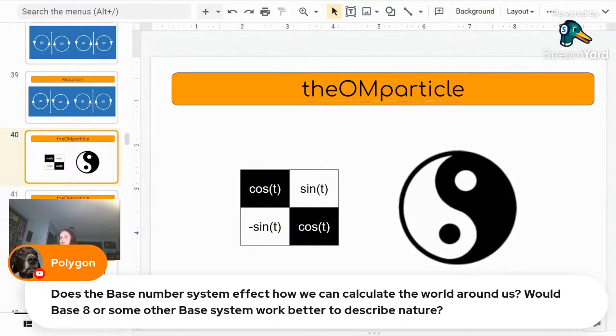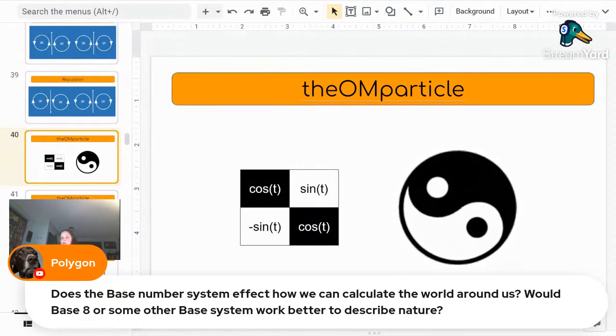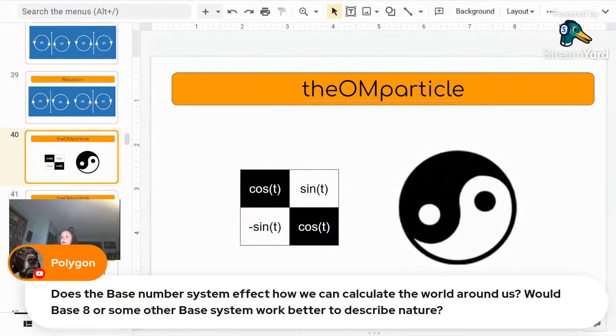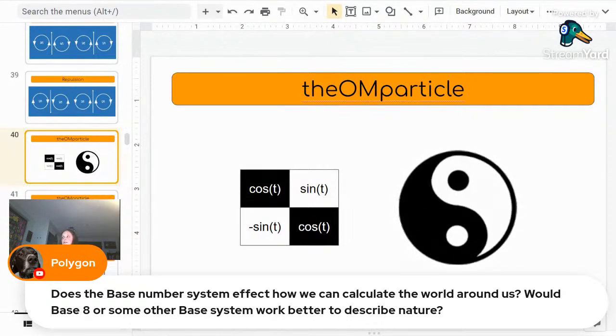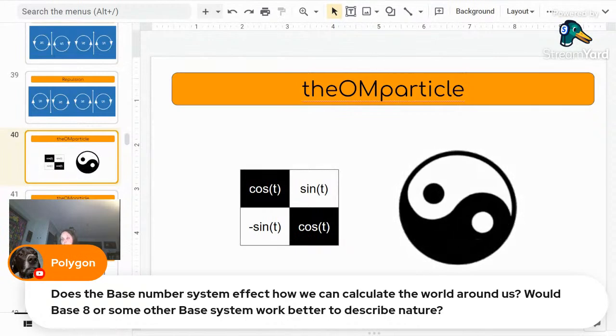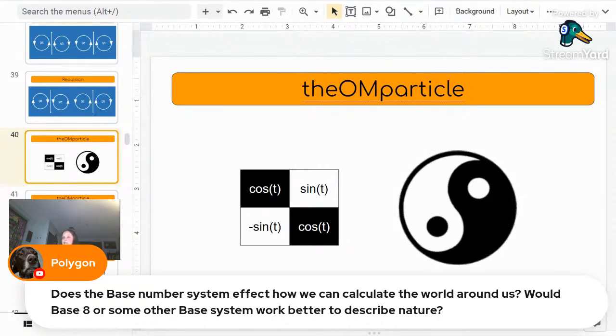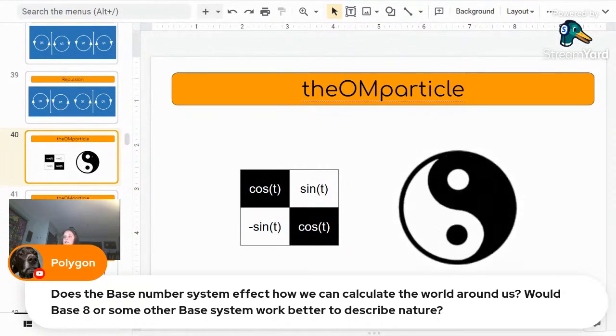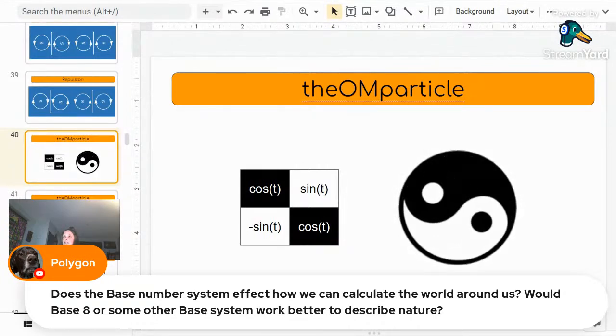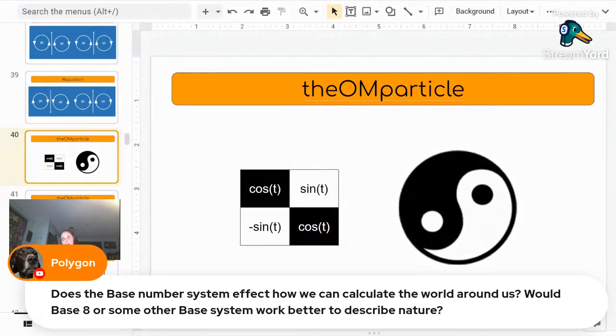And the reason for that is because 360 is divisible in so many ways. So it's divisible by 12. Sorry, 360 is divisible by 1, 2, 3, 4, 5, 6, not 7, 8, 9, 10, not 11, and 12, and lots of other numbers.